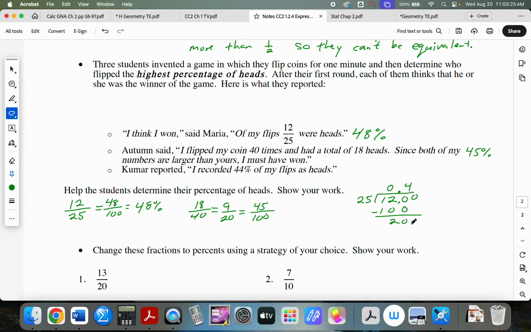Add on another 0, 8. goes in 8 times. Remember that in place value, this is the hundredths place. And percent is parts out of 100, so that's 48%.